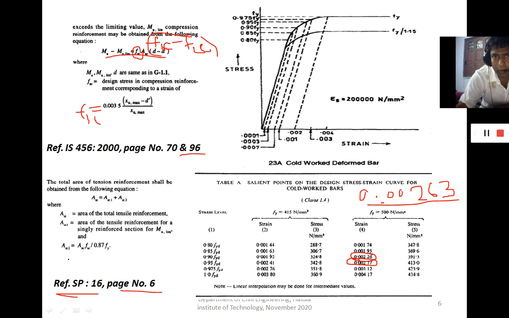For 0.8 fy the strain is 0.001, similarly for 0.9 fy the strain value is 0.003.